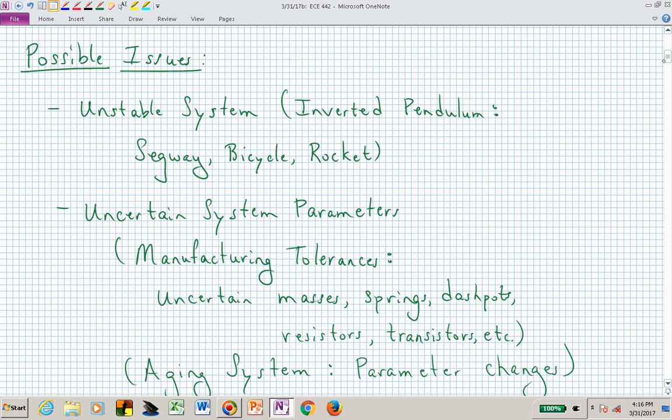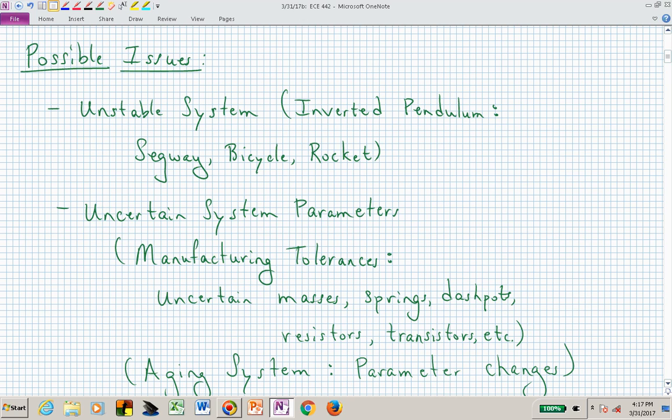Another reason we might want to introduce a controller is because in our systems that we create, a lot of times there's uncertainty in those systems, and that uncertainty might be due to manufacturing tolerances, for example, uncertain masses, uncertain springs, inconsistency in our dashpots, which are removing energy from the system, or maybe tolerances on resistors and transistors might be quite large, and those now present manufacturing tolerances.